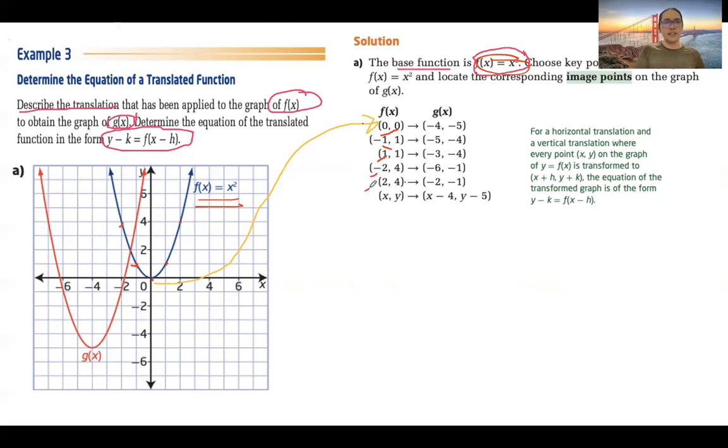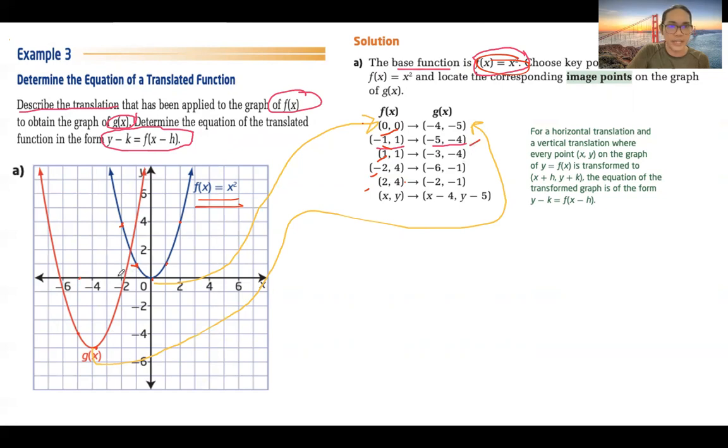Okay, after locating it, of course, we have to get the ordered pairs of the g of x. So the transform, we name the transform function as g of x in here, the color red. Of course, you have it there. So negative 4, negative 5, it's here, check.